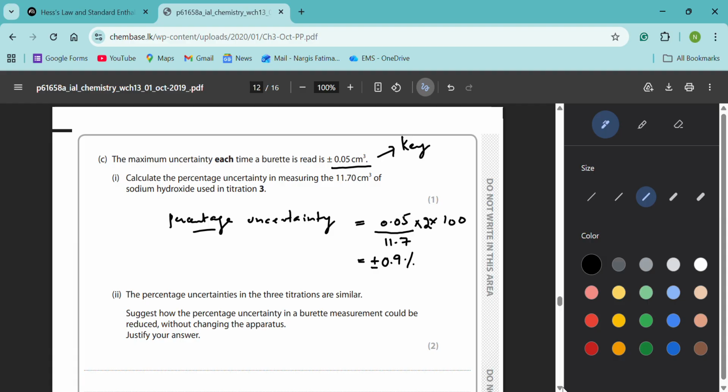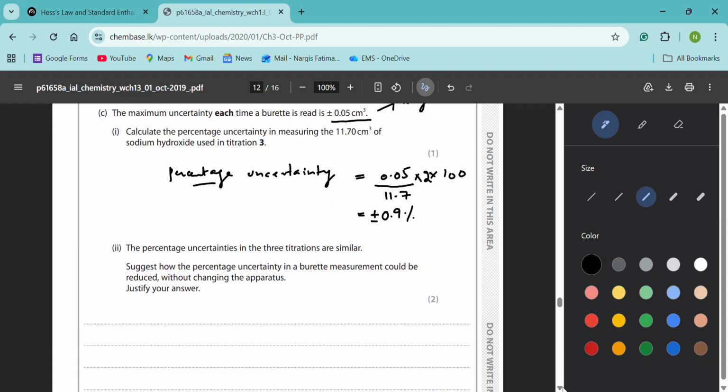Now move on to the next part. The percentage uncertainties in the 3 titrations are similar. Suggest how the percentage uncertainty in a burette measurement could be reduced without changing the apparatus. Okay, how can we reduce the percentage uncertainty of the burette reading?